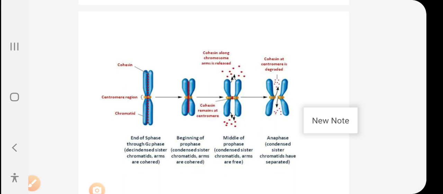In the middle of the prophase, just before the metaphase, the sister chromatids open, and they are joined only at the centromere position. The rest of the part is free.